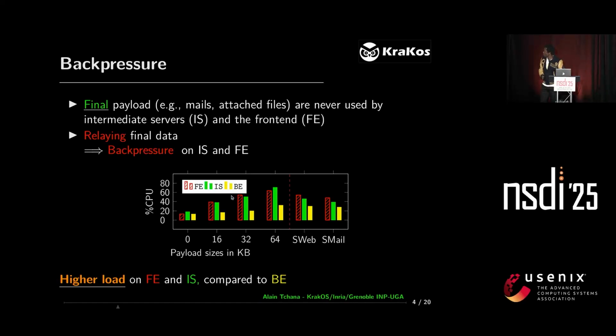This is the CPU load on the different tiers: the front end, the intermediate server, and the backend. We can see that for this application, the server which really does the work is the backend, but the CPU load is mainly located on the intermediate server and the front end. This is a problem because it makes scalability quite difficult to implement for this kind of application.